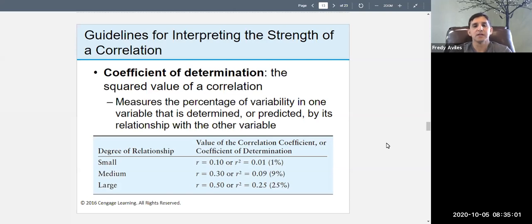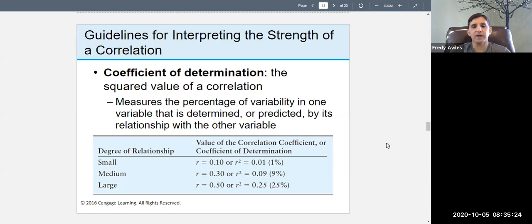That's what that means. If you have a medium correlation, R equals 0.30, if you square it, that's R squared equals 0.09, that's 9%. So if you know one variable, you have a 9% chance of being able to guess the exact value of the other. Large correlations are 0.50 or higher, right?